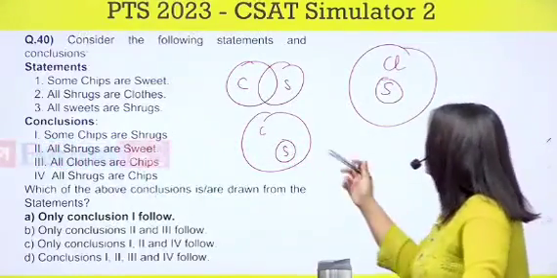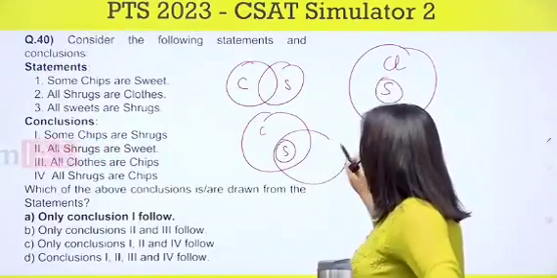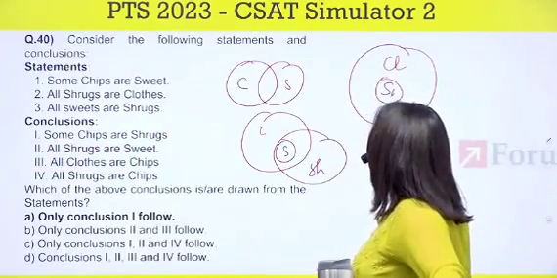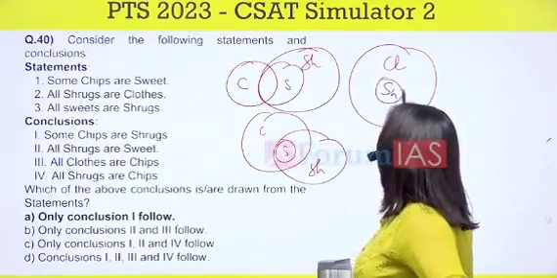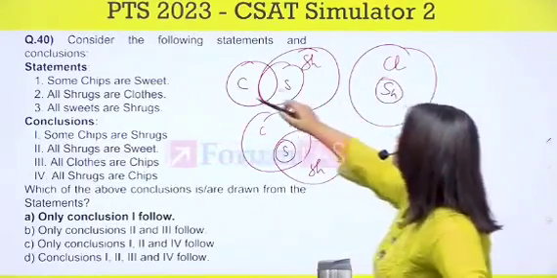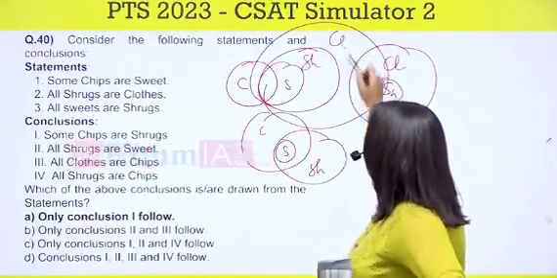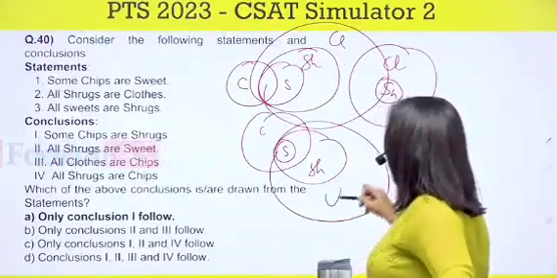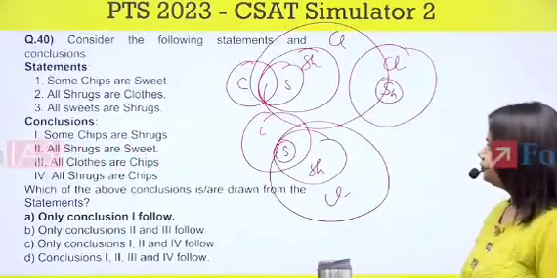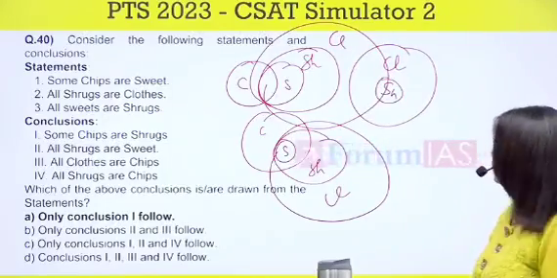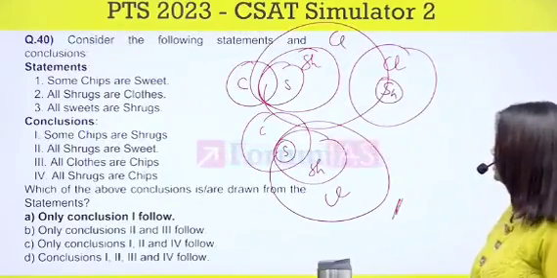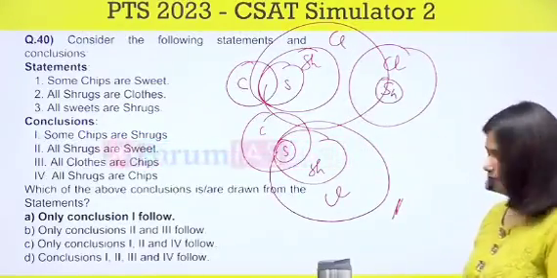If all sweets are shrugs, then all sweets are shrugs and all shrugs are clothes. So, clothes. This is the only option that I have, right? So, to be on the safer side, I can do this one, right? It takes both of these issues into account.